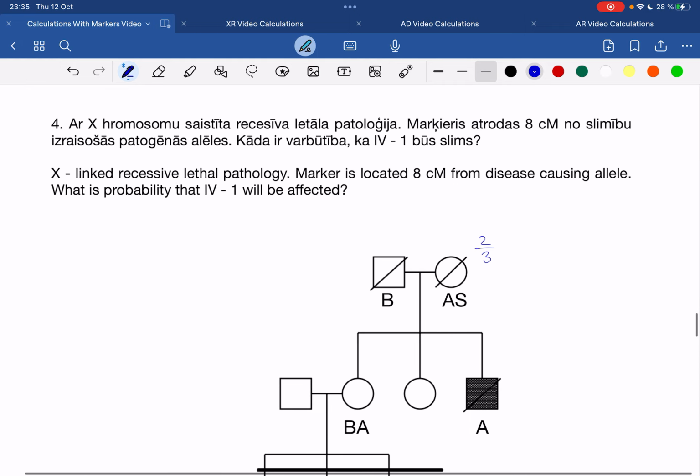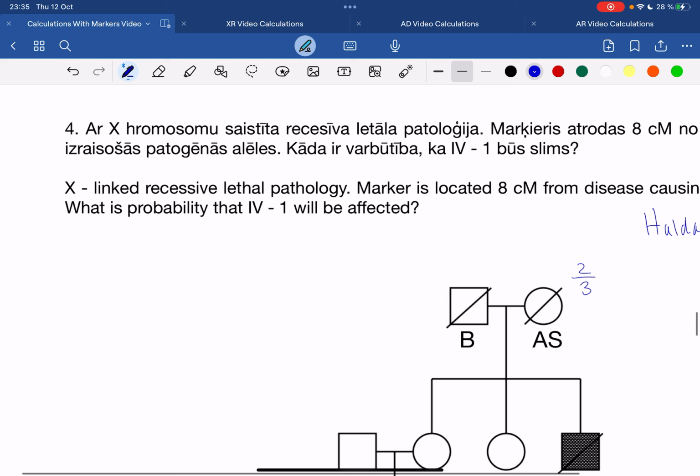There's no crossing over occurring here because this is just a universal rule. But now we'll write down the high and low risk.